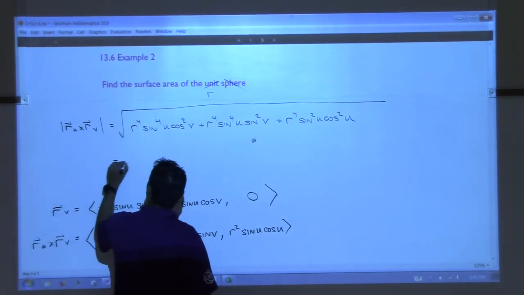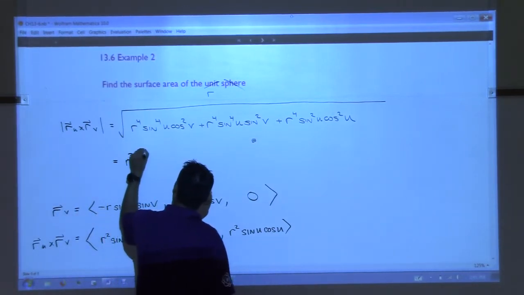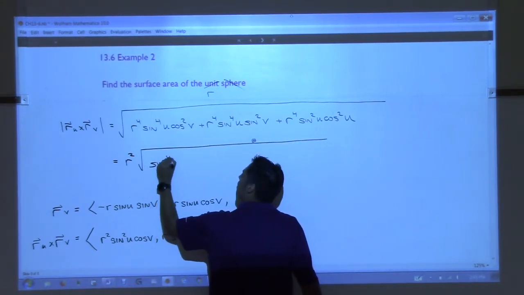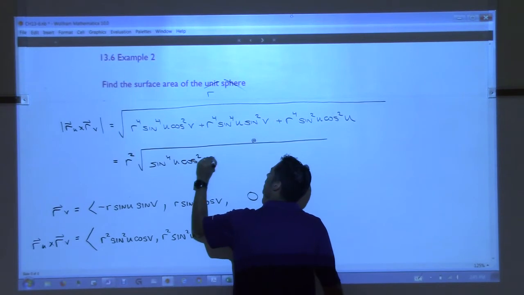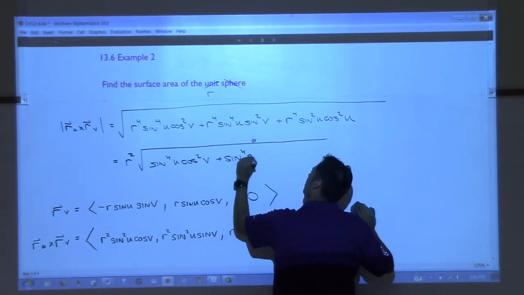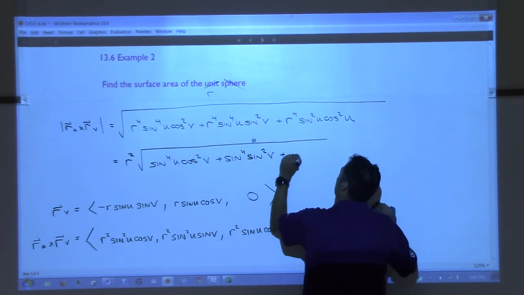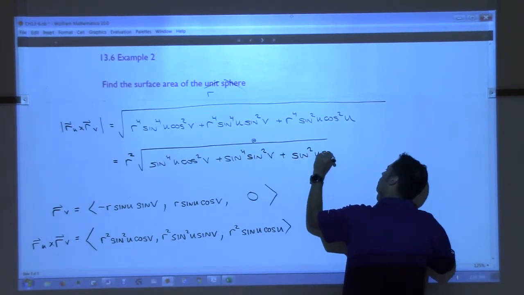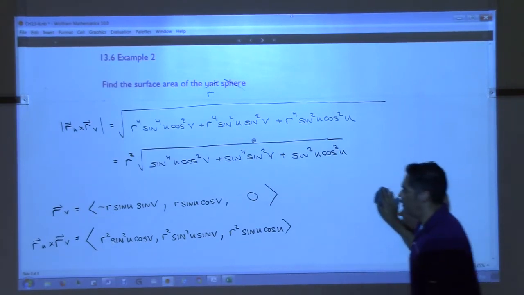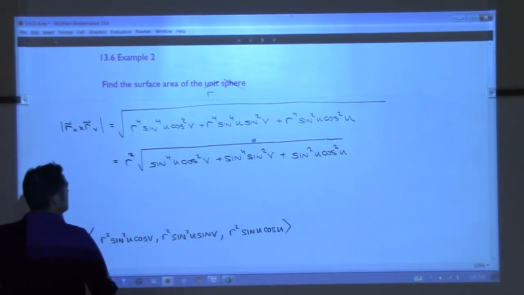Square root of sine to the fourth u cosine squared v plus sine to the fourth u sine squared v plus sine squared u cosine squared u. I think you see what's going to happen. So what happens on those first two terms?